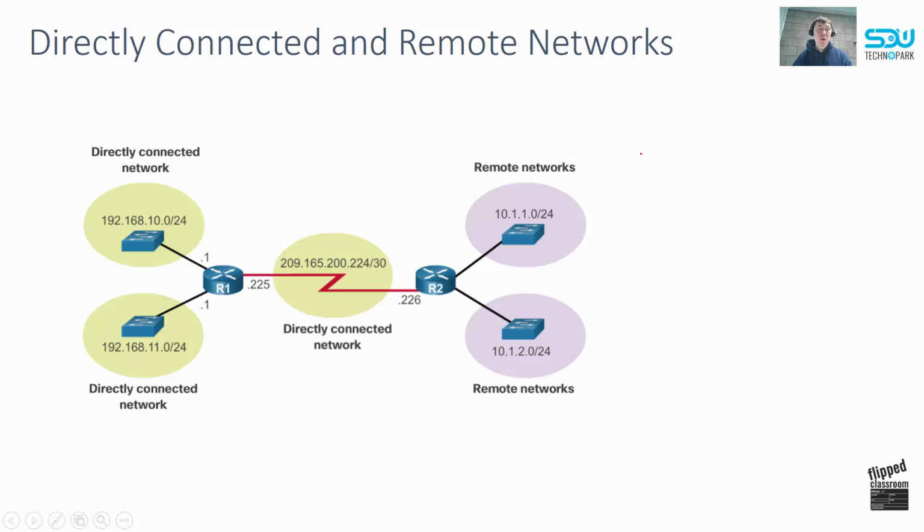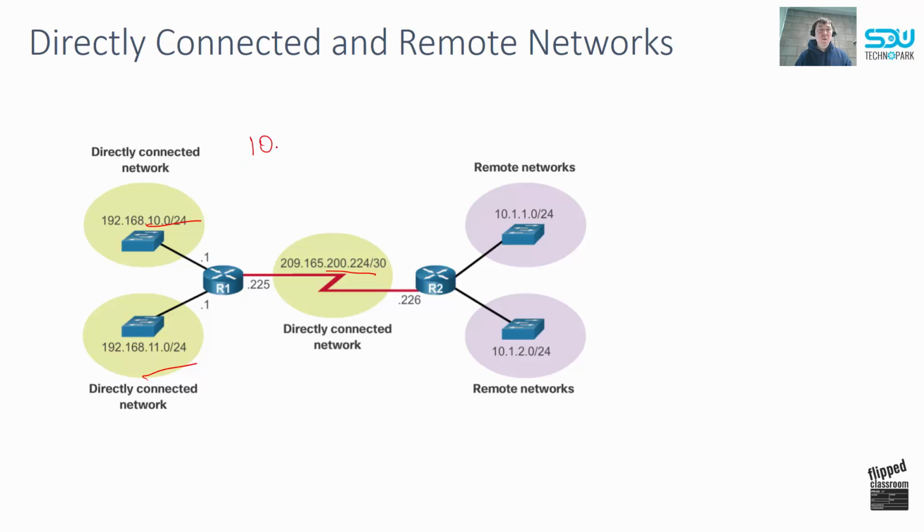Now let's take a look at the networks which are directly connected to the router and the networks which are not directly connected to the router. When you are configuring router 1 with directly connected networks like network 10.0, 11.0 and 200.24, then your router immediately learns about these networks.